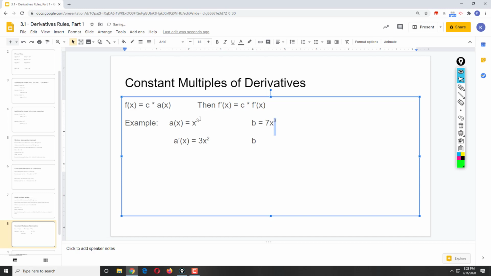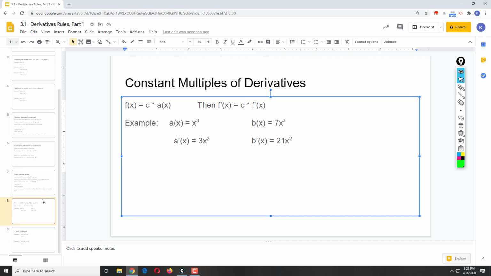We have that 7 then. Well, that's simple. If b of x is 7x to the third power, b prime of x is just the 3 comes out in front, times x to the second power, because originally it's the third power. 3 minus 1 is 2. 3 times 7 is 21. So the derivative of 7x to the third power is 21x squared.